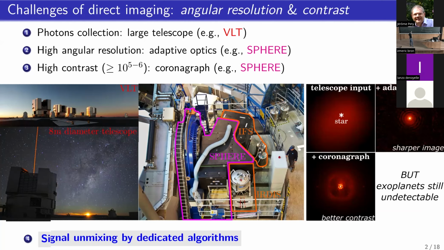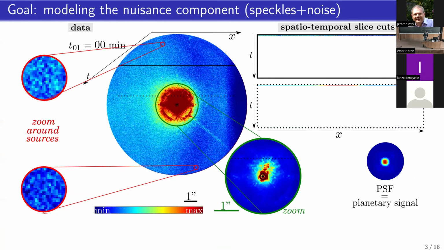But in spite of this cutting-edge facility, the unmixing task is still required. By unmixing I mean separating the signal of the object of interest, exoplanets and the circumstellar material, on the one hand, from the noise on the other hand. We need to perform this unmixing by leveraging dedicated processing algorithms, and this is what I will try to illustrate in the rest of this presentation.